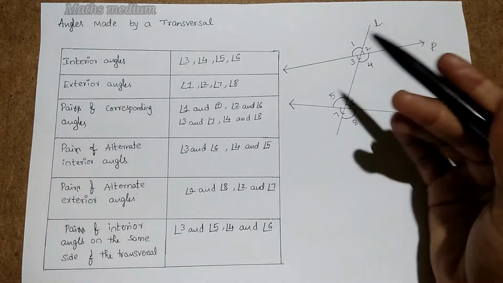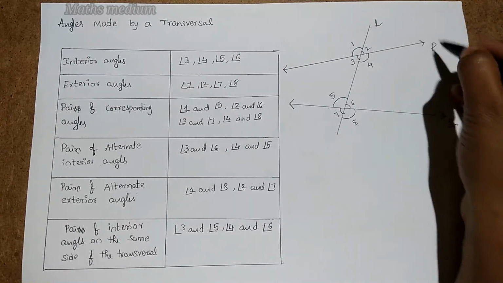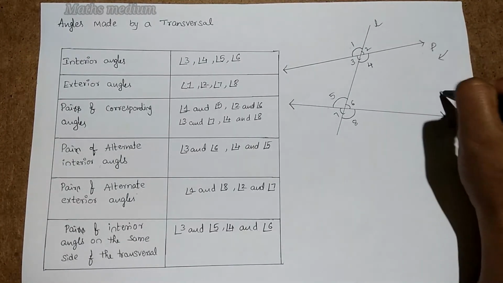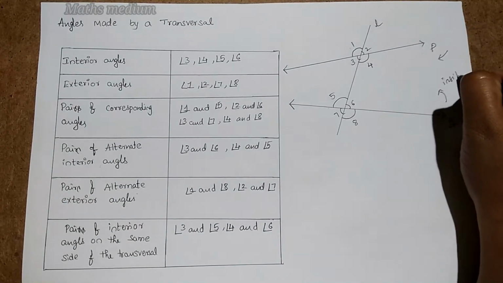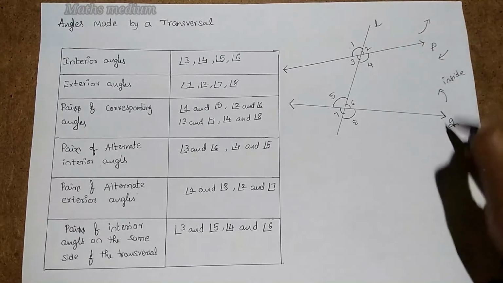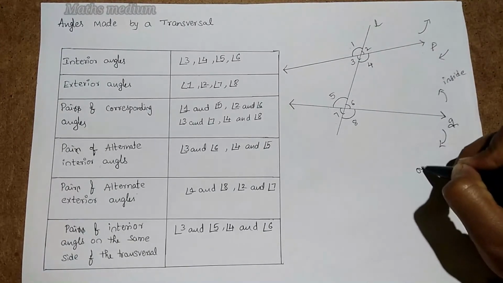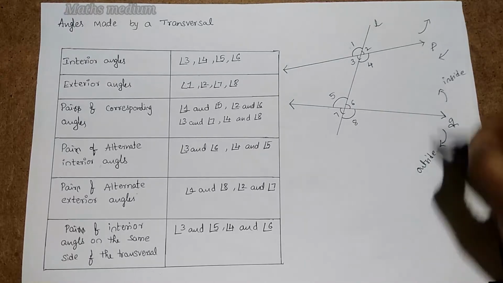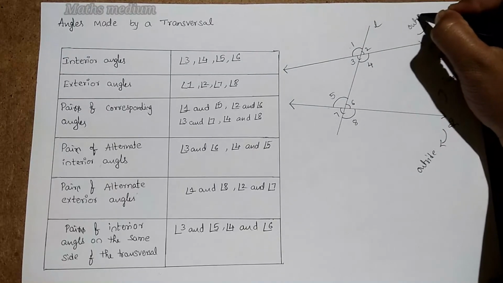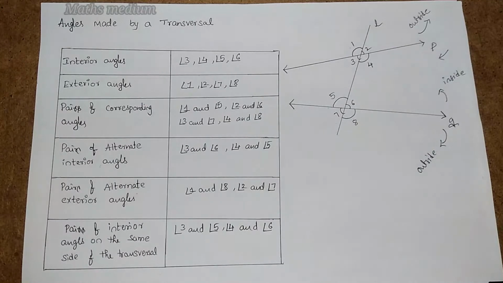Exterior means the outer part of the lines. So if you see here, this is inside, and this is outside. For understanding purposes only, I am writing inside and outside. There is no need to represent inside and outside angles, but this way you will get the point without any confusion.